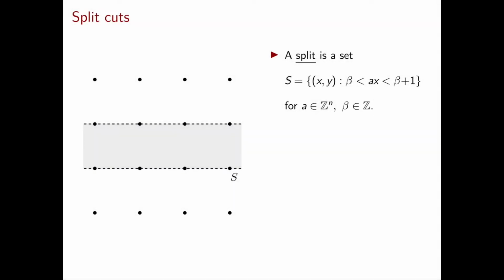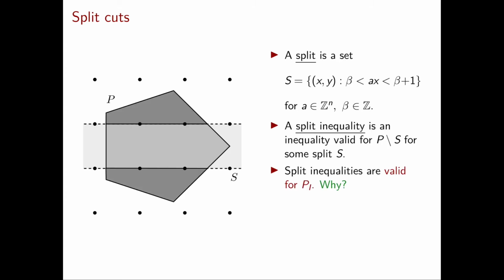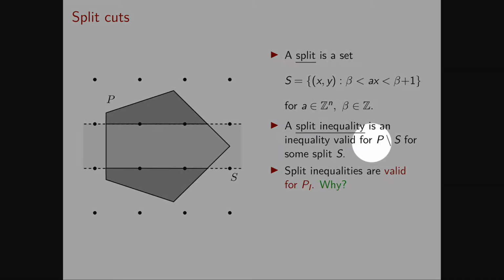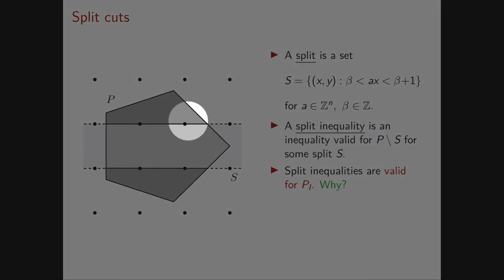So why are we interested in a split set? Let's pick a polyhedron, P, here it is, and now we see that all the mixed integer points that are in the polyhedron are either on one side of S or on the other side.